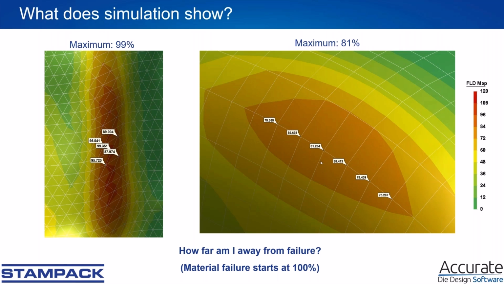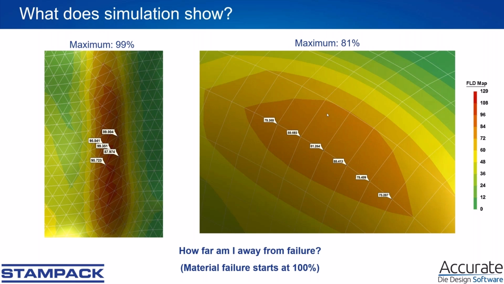On the contrary, on the right-hand side, the maximum value is 81. And when you have maximum value 81, then there is a lot of margin left in your process. So it's not risky at all. It's perfectly safe. And no matter how the conditions change in production, you have a safe process.